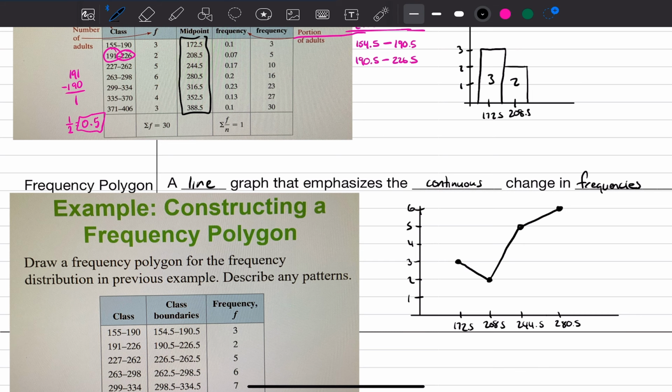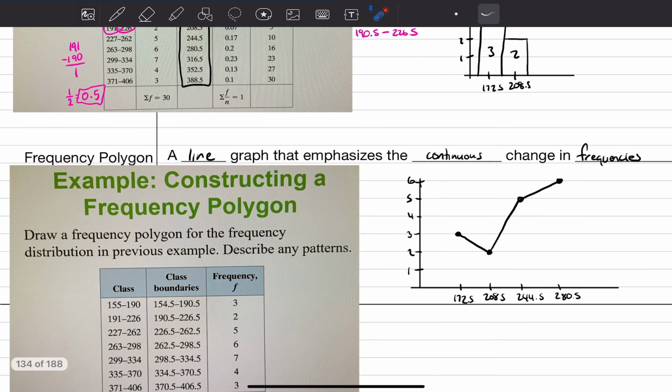Now, this is very important. You notice how this line graph did not start at 0 on the x-axis? So what we're going to do is take our class width and extend this. So we're going to subtract 36 basically to get the previous class limit.